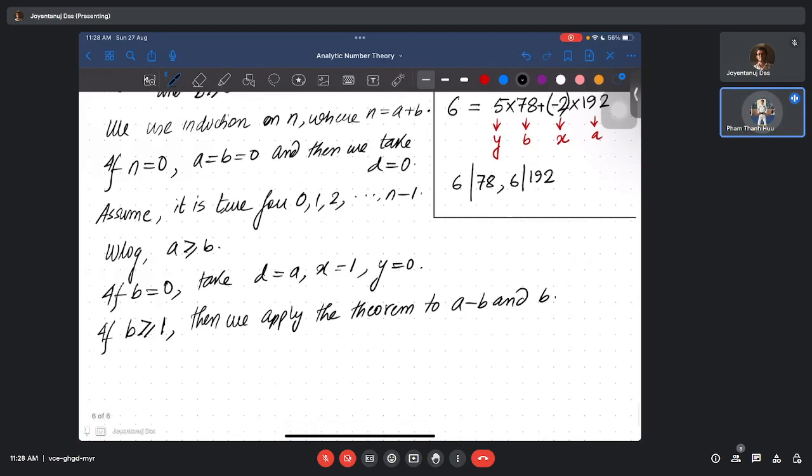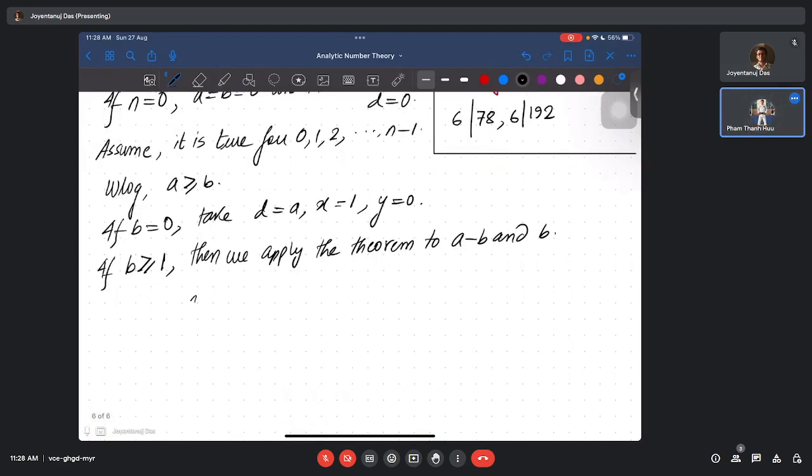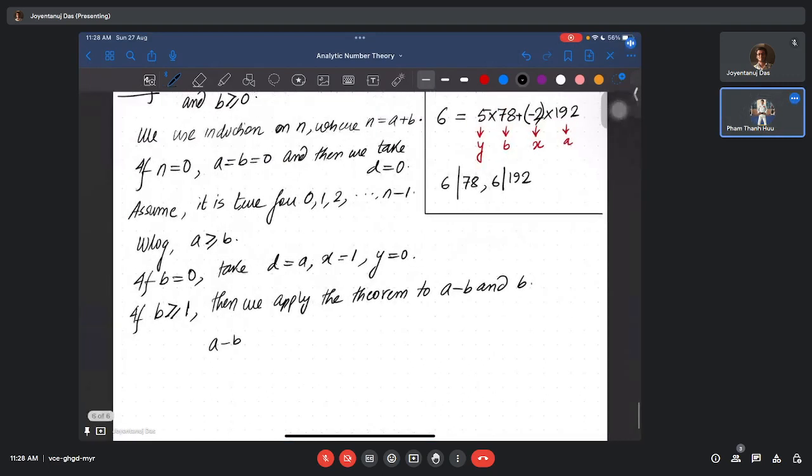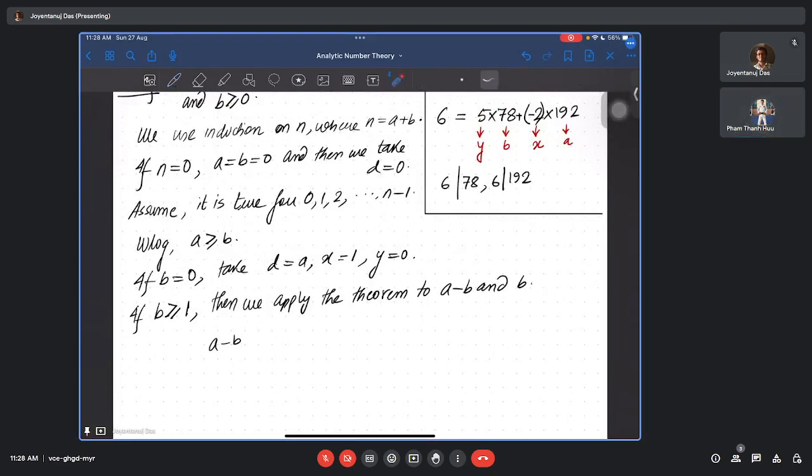I know by induction for A minus B and B, the result is true, right? The induction is on n, but I am assuming that it is true up to n minus 1, right?